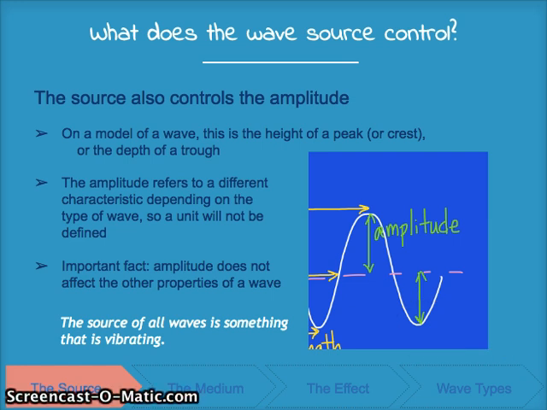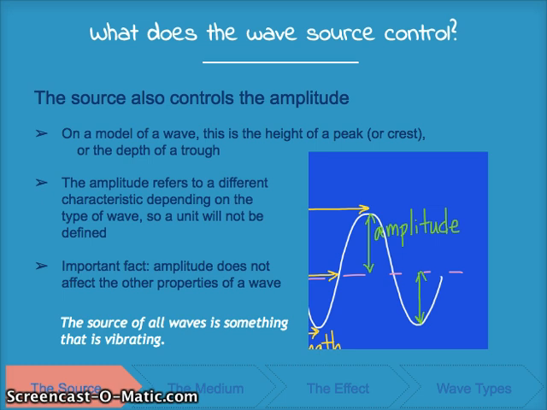It also has a connection with the type of wave. An amplitude is going to mean something different for a sound wave. It'll be an intensity or a pressure, versus a light wave, where the intensity refers to the brightness of that light. And so it has to do with energy and, again, the power of that wave.